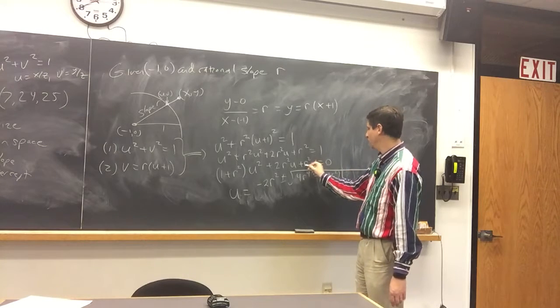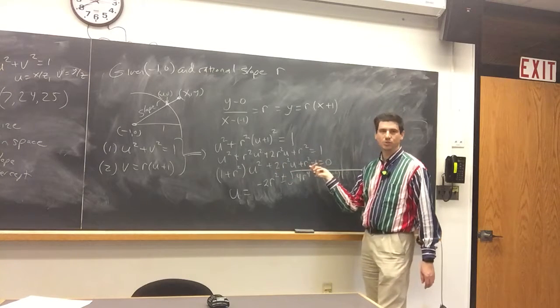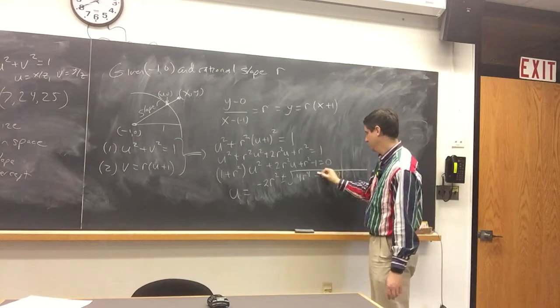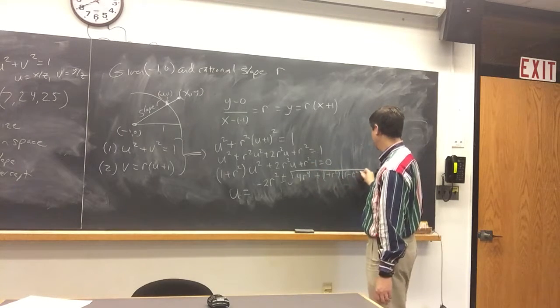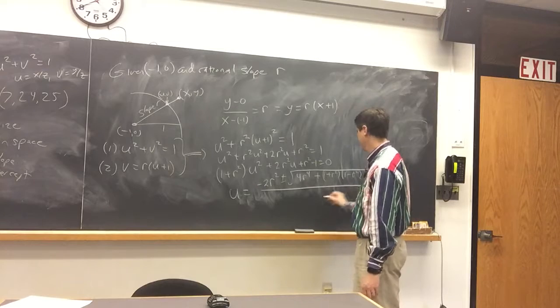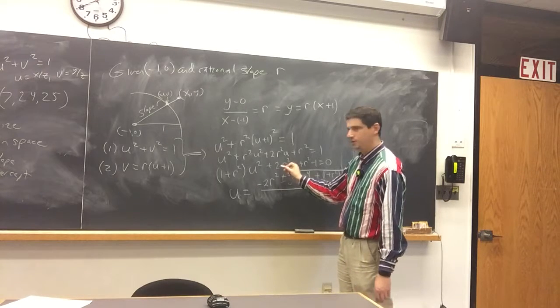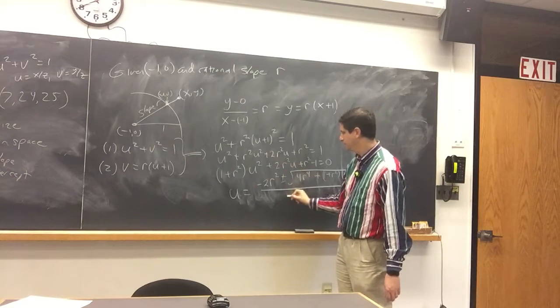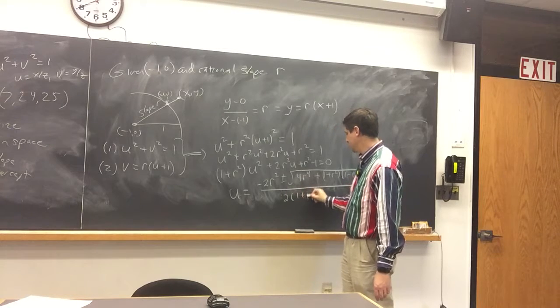Well, with the r squared minus 1, why don't I just pull in the minus sign and make this 1 minus r squared? All over 2a, 2 times 1 plus r squared.